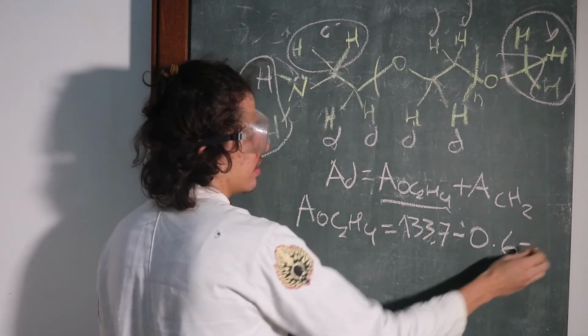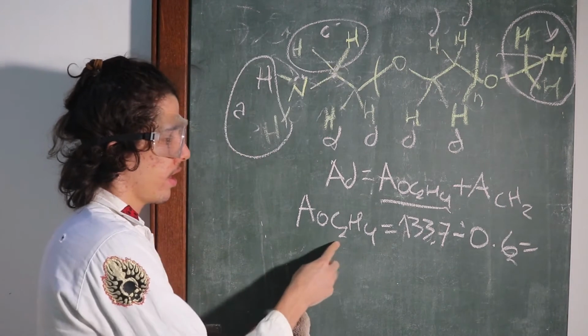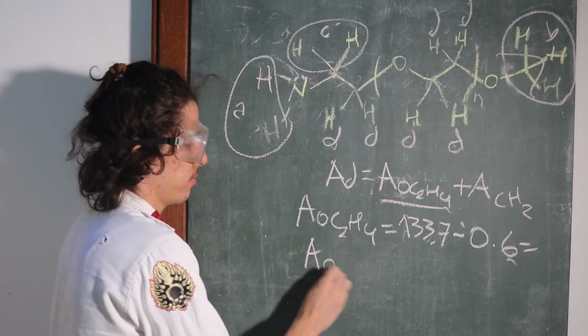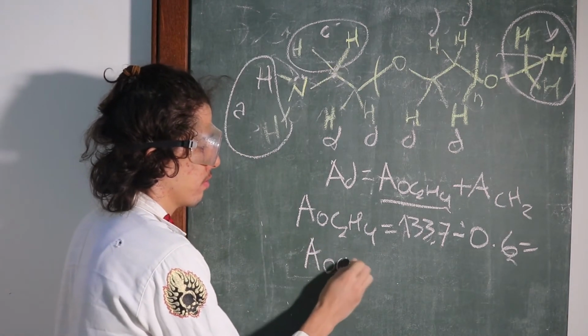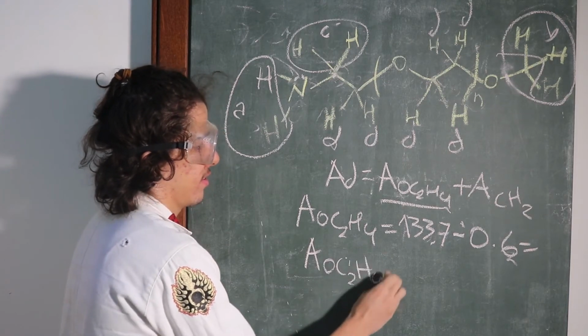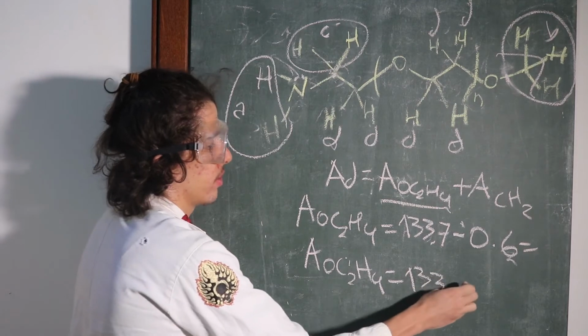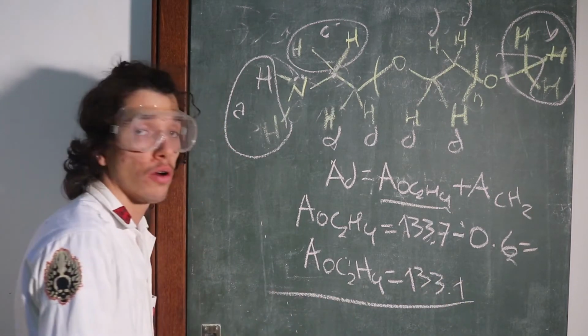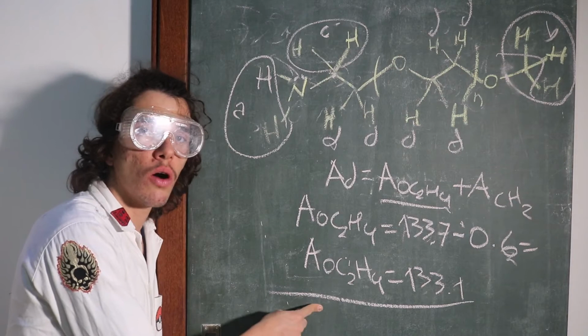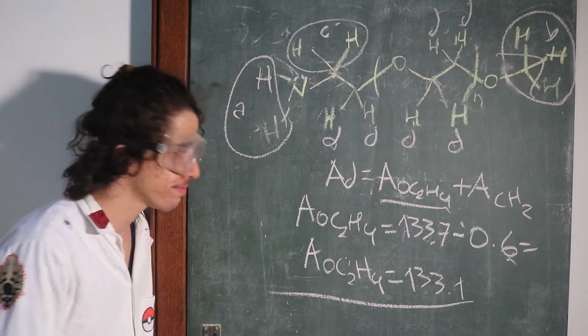Then the area of our monomer is equal to 133.1. Okay, we are going to use this in our function.